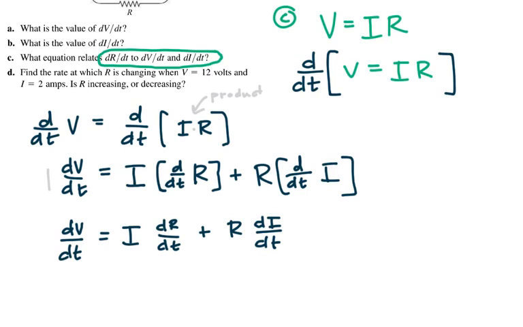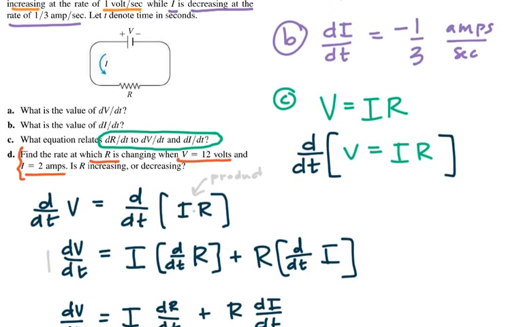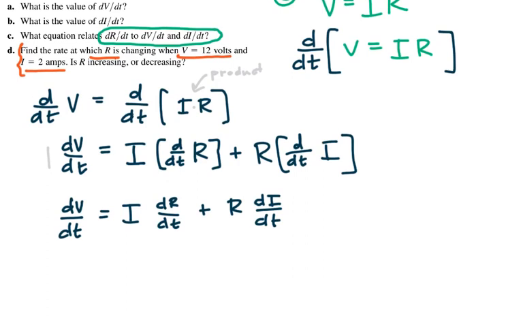So part D says, let's find the rate at which R, the resistance, is changing, when we've got V equals 12 volts and I, the current, equals 2 amps. We're also going to determine whether the resistance is increasing or decreasing. And we have information.